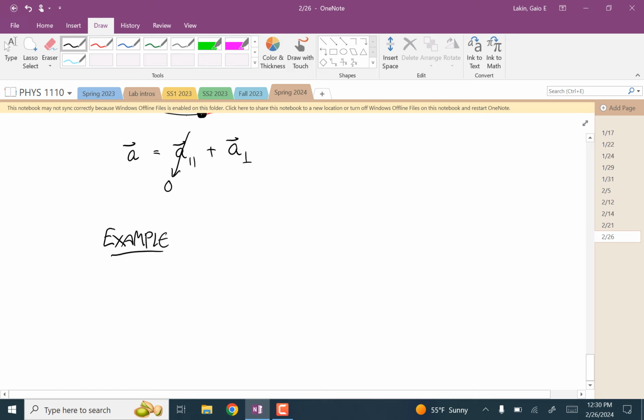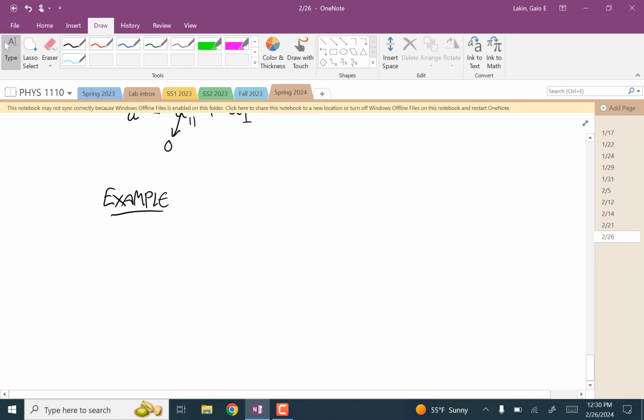Okay, now how about something that is changing speed but not turning? So let's think about an object moving along this path. Okay, so let's say it's here at this instant and it's moving up this path.